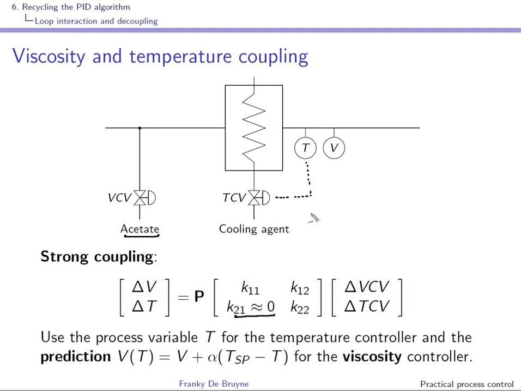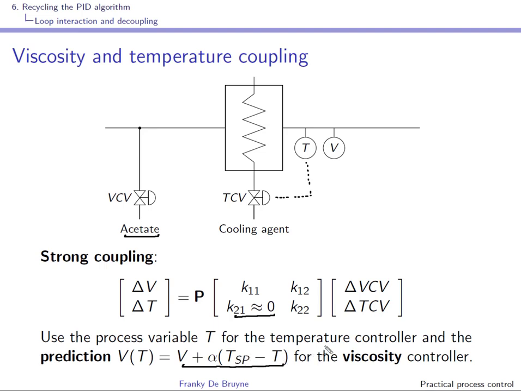So what we'll do is use this virtual signal over here that will be acting as a prediction of the viscosity that you would have if the temperature controller is on set point.